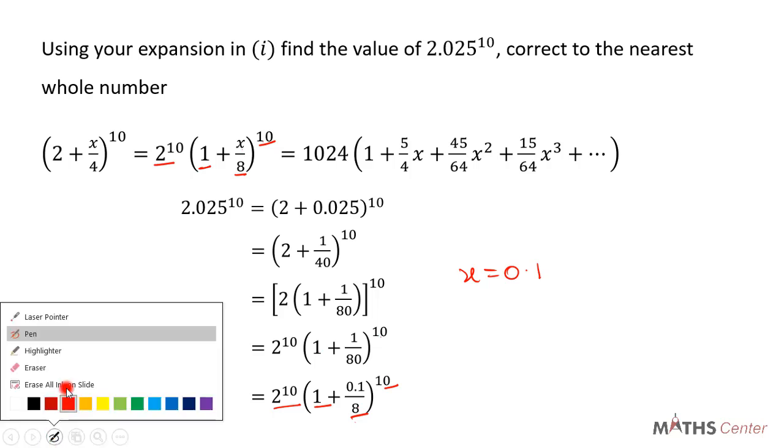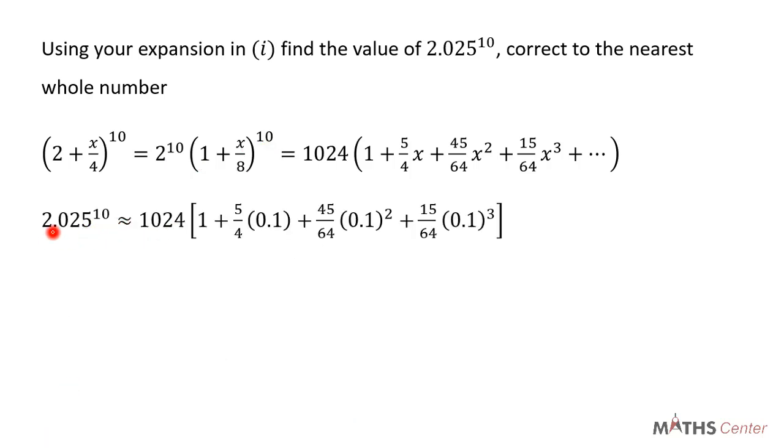Let's do that. The approximate value of 2.025 exponent 10 will be equal to, remember this is the expansion, 1024 times 1 plus, substituting x is equal to 0.1, 5 divided by 4 times 0.1 plus 45 divided by 64 times 0.1 squared plus 15 divided by 64 times 0.1 cubed.